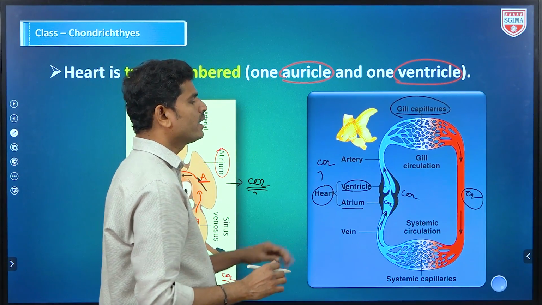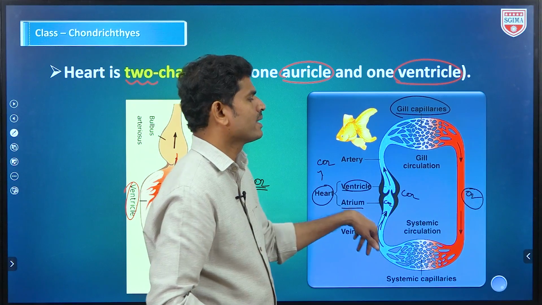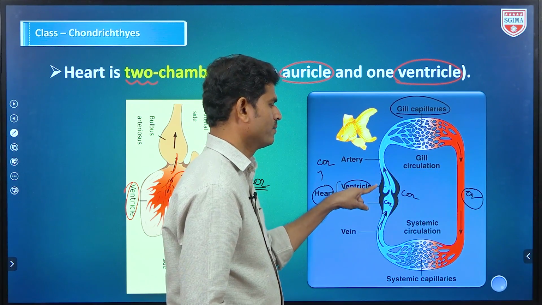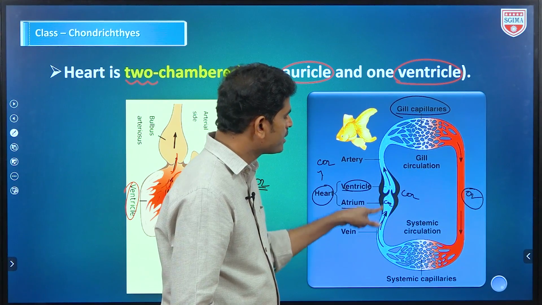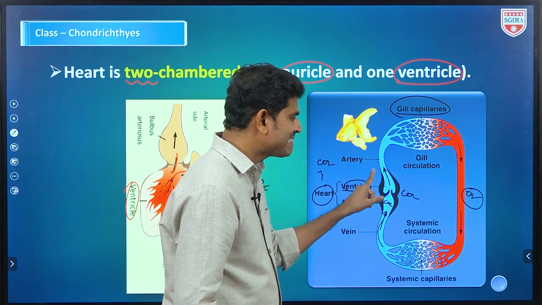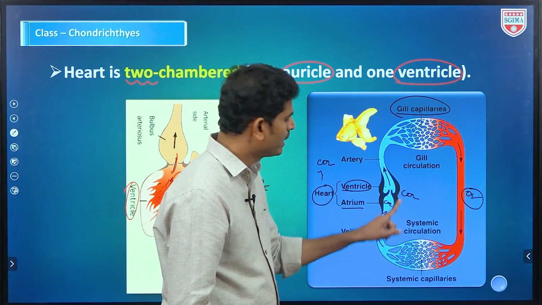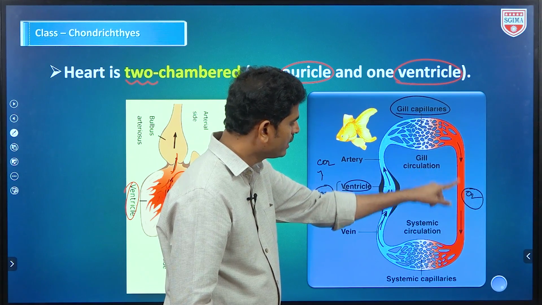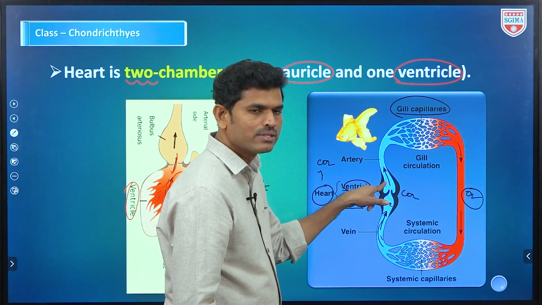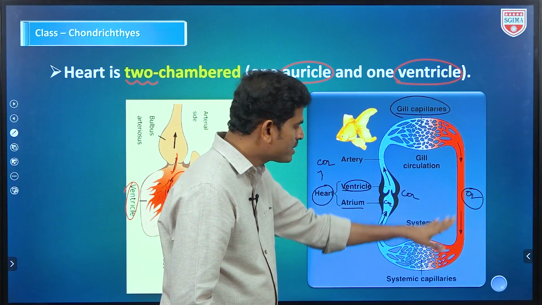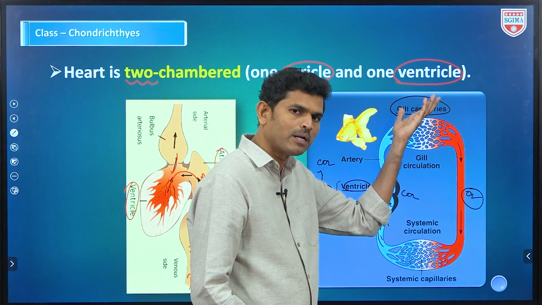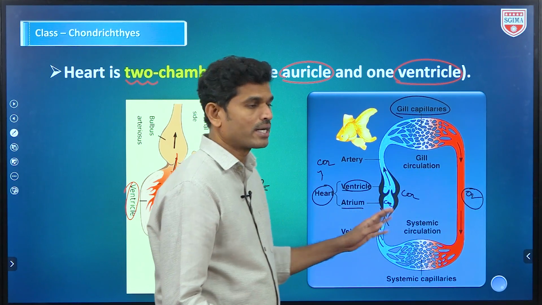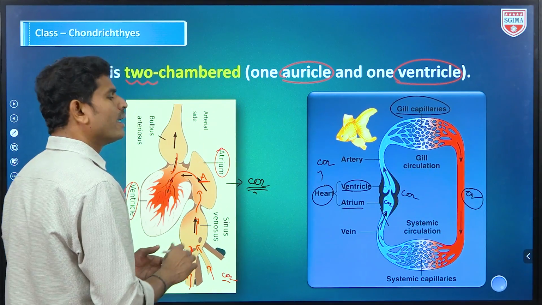Here there is only one circuit. That's why it is called a single circuit or single circulation. That means to complete the circulation, blood enters the heart once only. It starts from here and comes back here, so the blood circulation is complete. Only a single circuit. Double circulation means the heart is in between, with pulmonary circulation and systemic circulation too. Here it is not like that. It enters the heart once only.